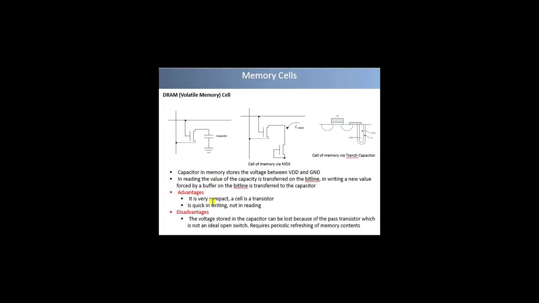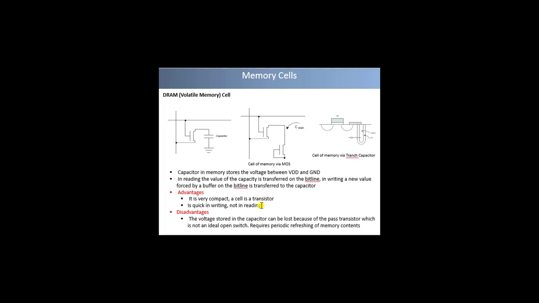Moreover, this RAM is quick in writing. Whenever we force a value in the capacitor, this value is written quickly, but during a reading mode, the capacitor has some sort of hysteresis behavior. As a result, the reading is comparatively slower as compared to writing.